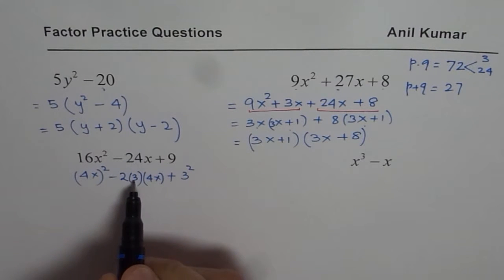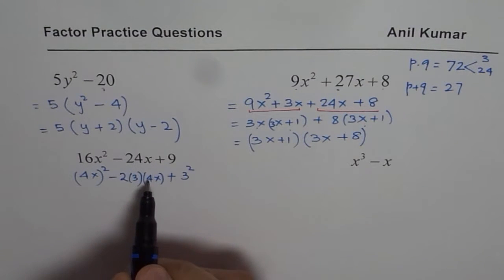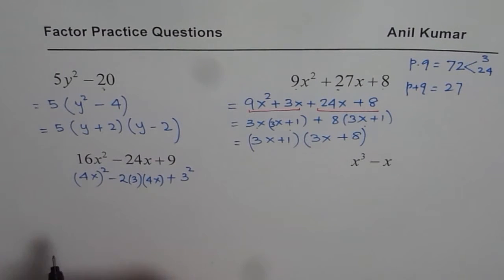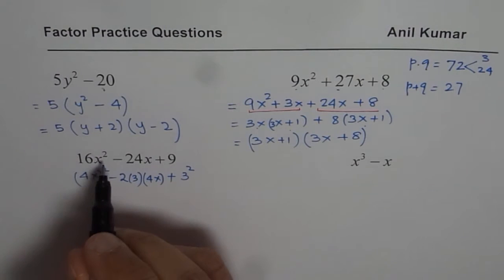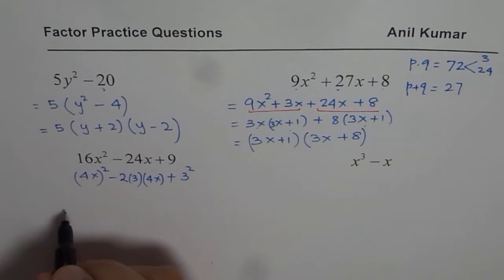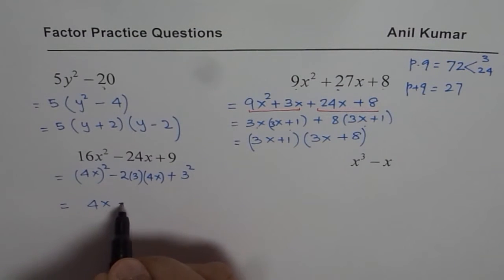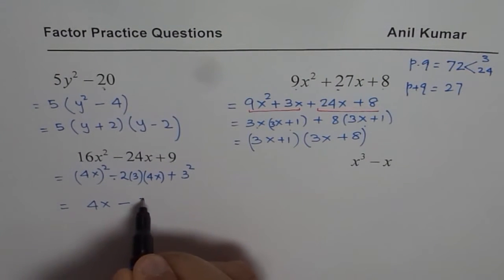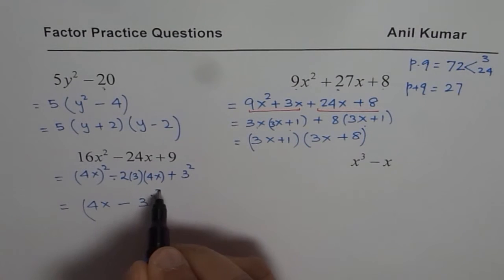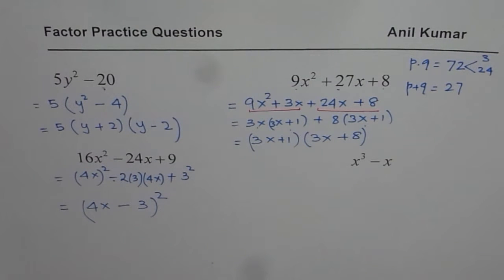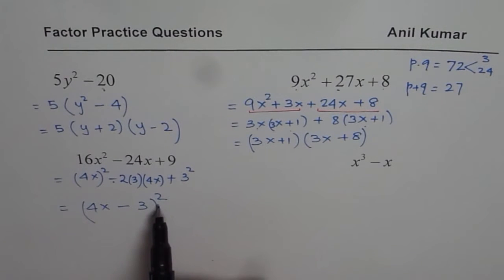So 2 times 3 is 6, 6 times 4 is 24, 24x with a minus sign. So does that remind you of something? Yes, it does. You could actually directly write this as equal to 4x minus 3 whole square, right? So it is a perfect square and it could be factored as 4x minus 3 whole square.